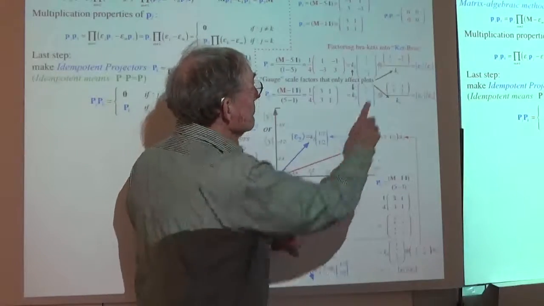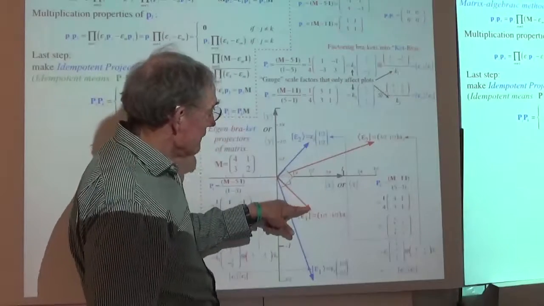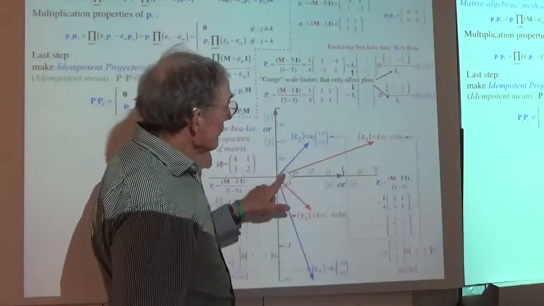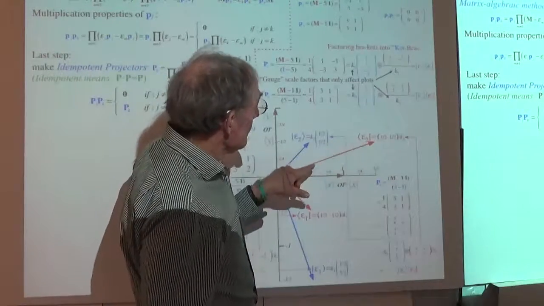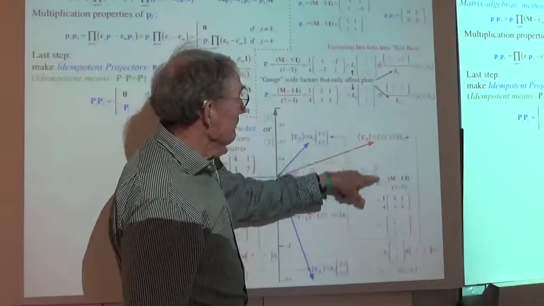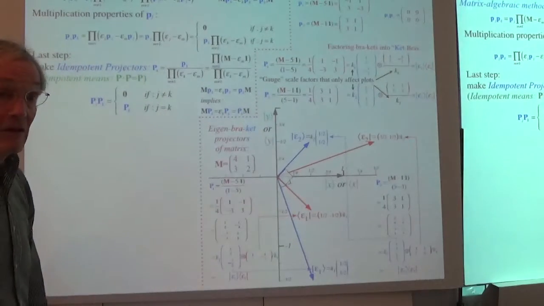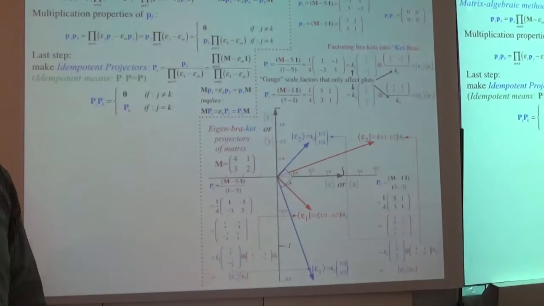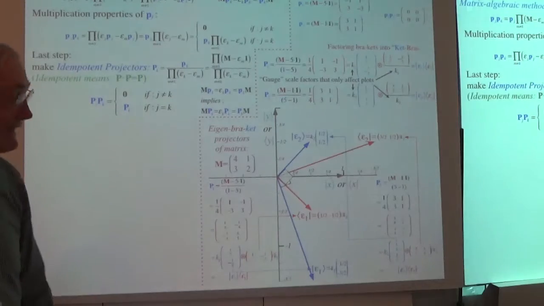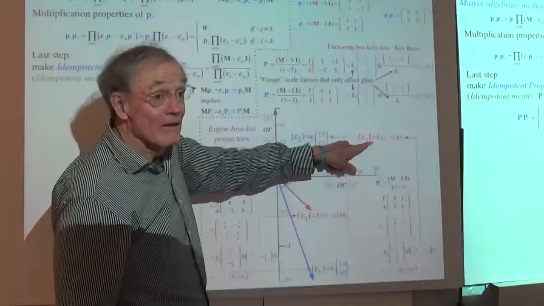The first bra is 1/2 minus 1/2. And then this guy right here, 3/2 is the first component, and 1/2 the up component. Is that clear? You've seen this before, covariant and contravariant. This guy right here is orthonormal to that guy, which has a different number.